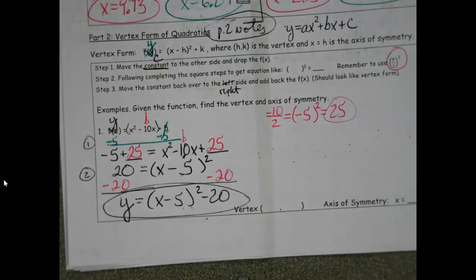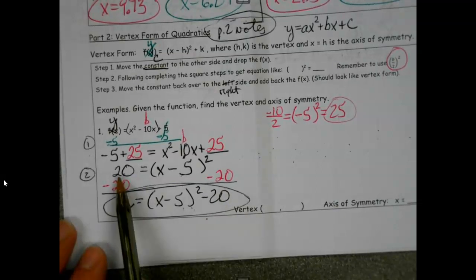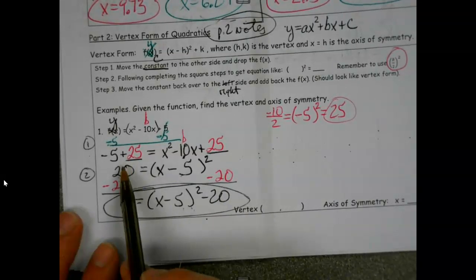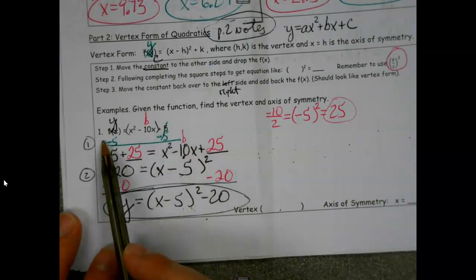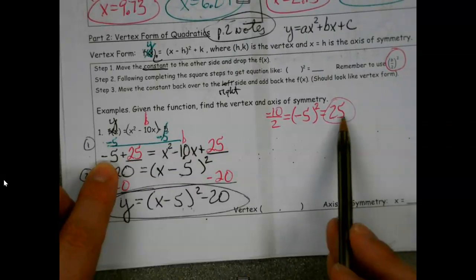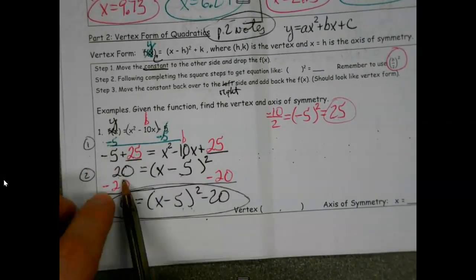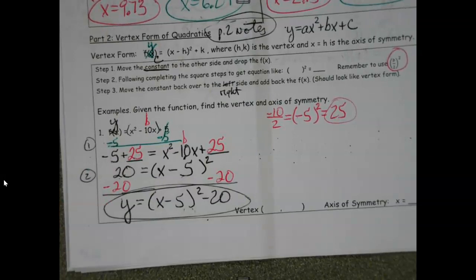What's that? This 20? It was on this side of the equation because over here we'd subtracted the 5 over, and then when we added our blank to both sides and our blank ended up being 25, negative 5 plus 25 is where that 20 was coming from.